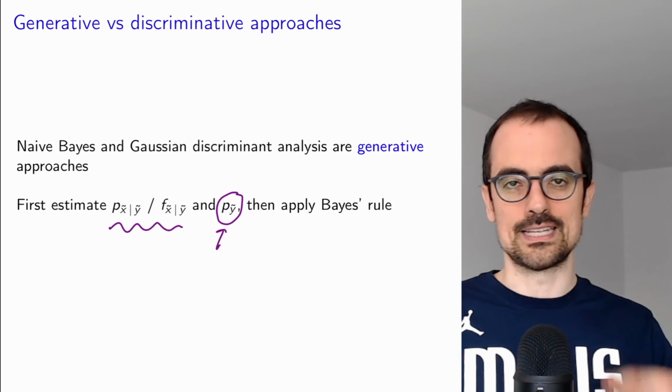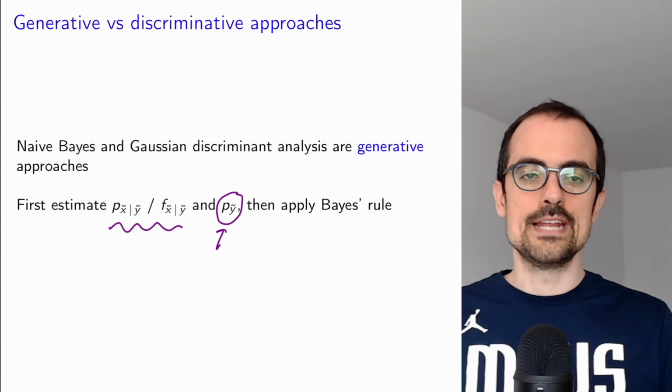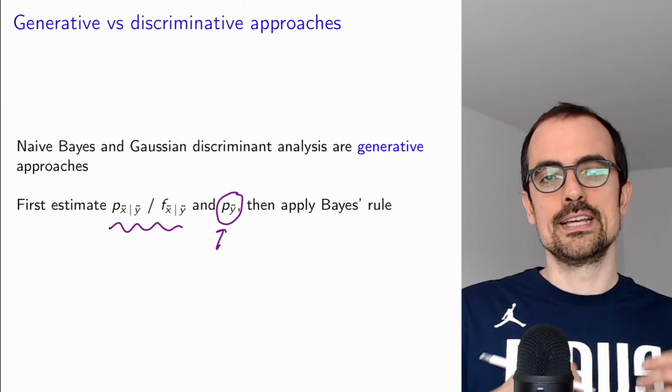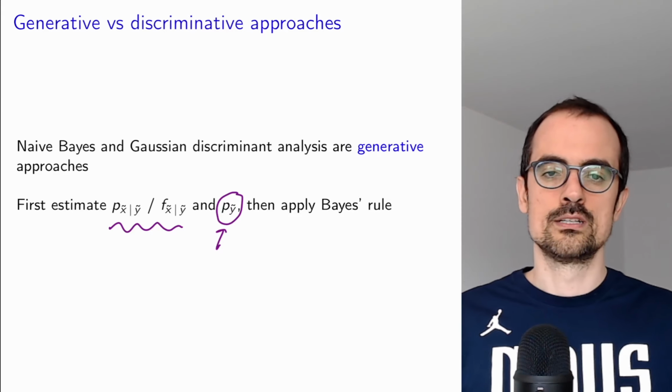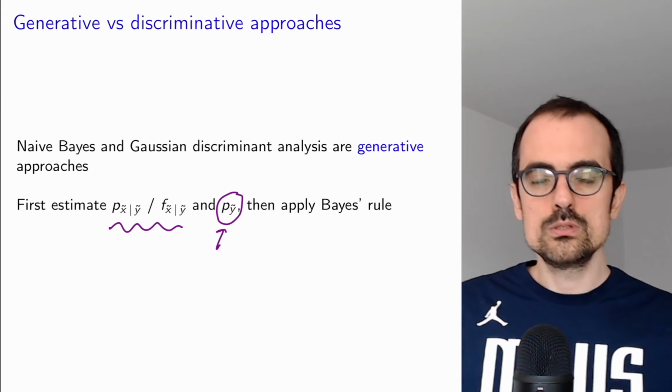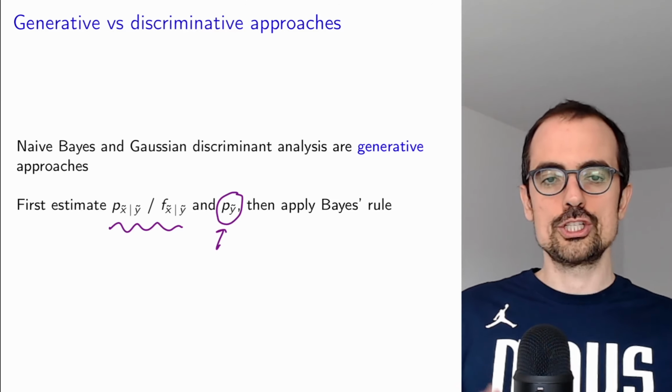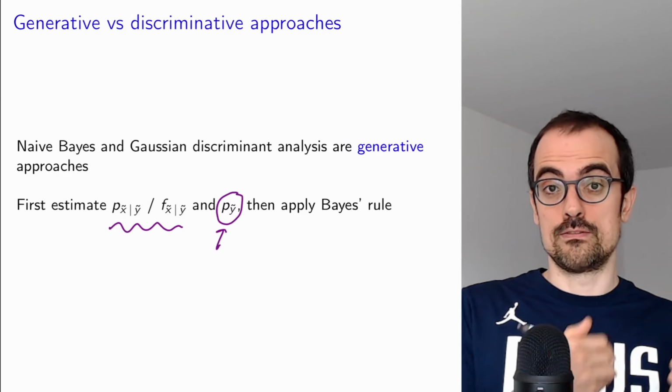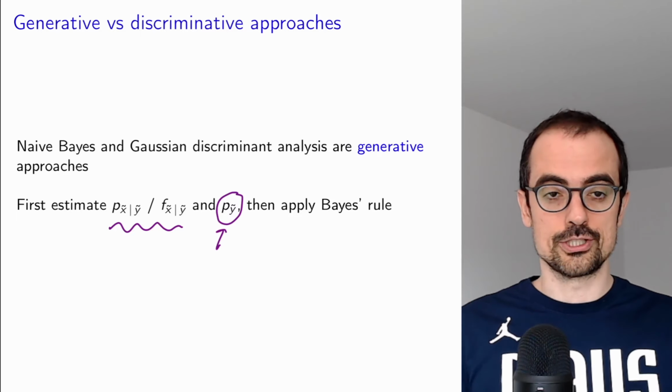In naive Bayes it's that everything is conditionally independent. In Gaussian discriminant analysis, it's that the conditional distributions are Gaussian. And then they apply Bayes' rule to be able to compute the conditional PMF of the labels given the observed features.